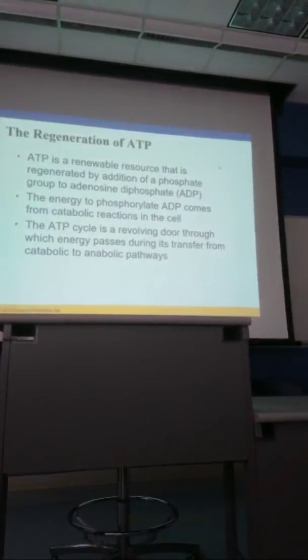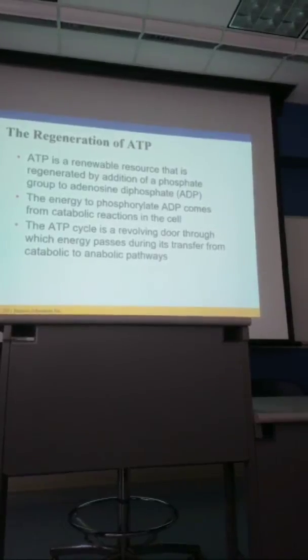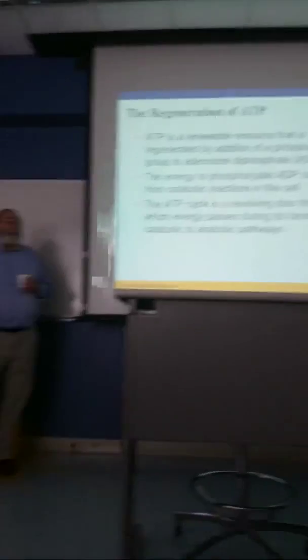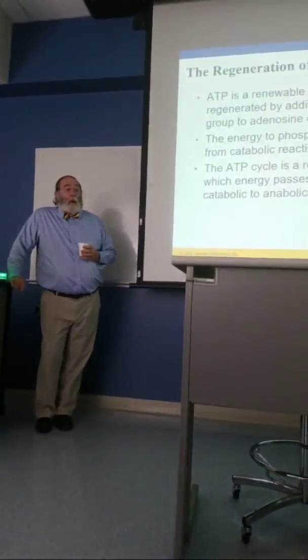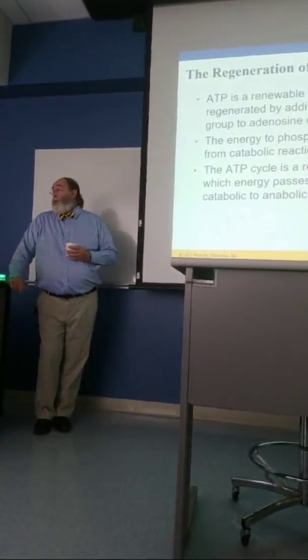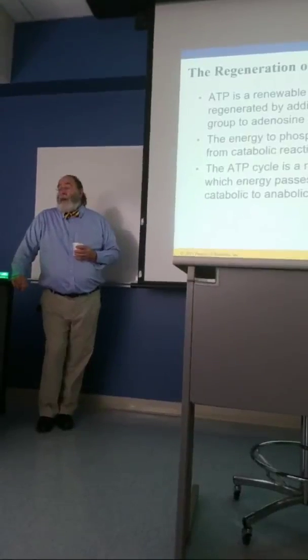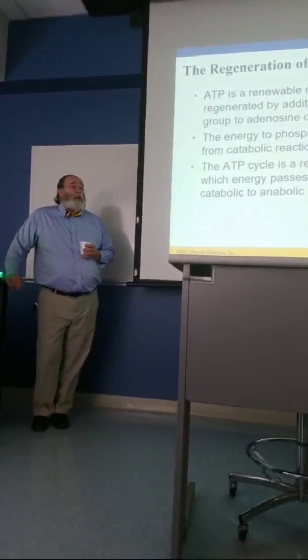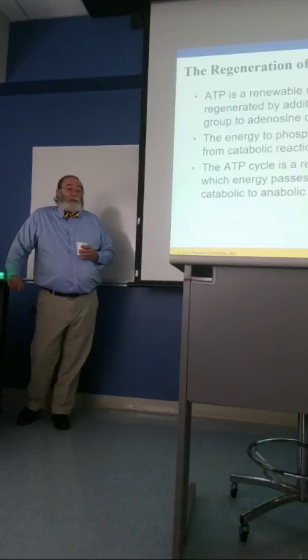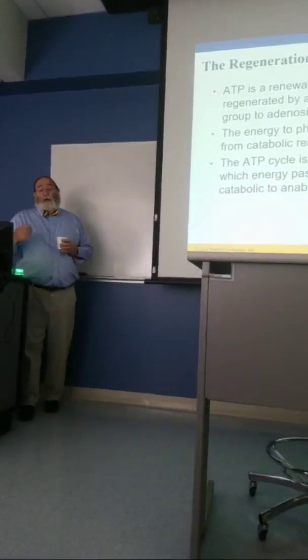Regeneration of ATP. One of the reasons this system works is because spread throughout your cells will be that little intermediate ADP. It's there, available, waiting to be phosphorylated. All it needs is the energy in the phosphate and an enzyme to drive the reaction.